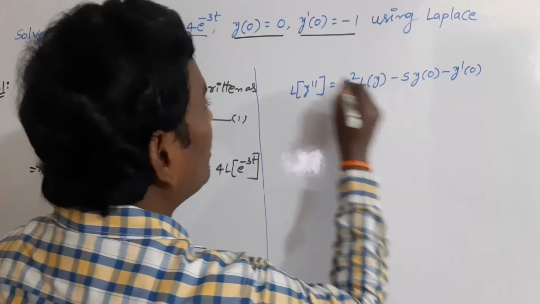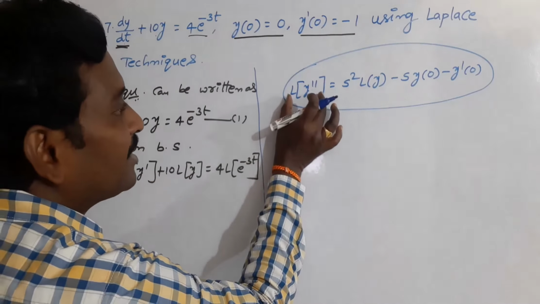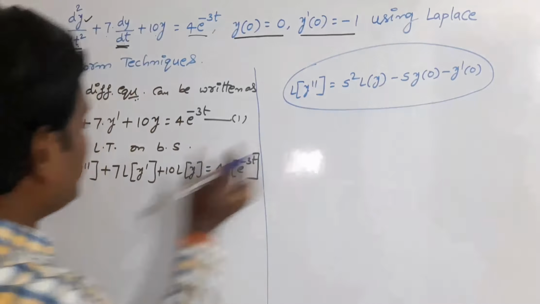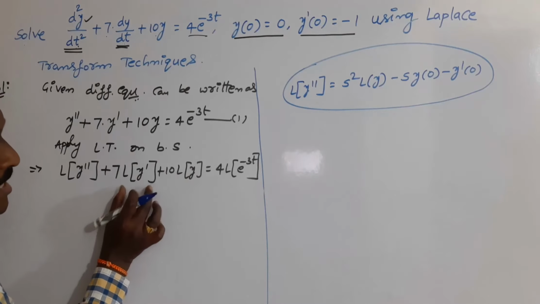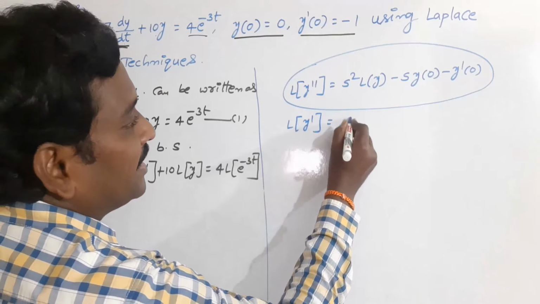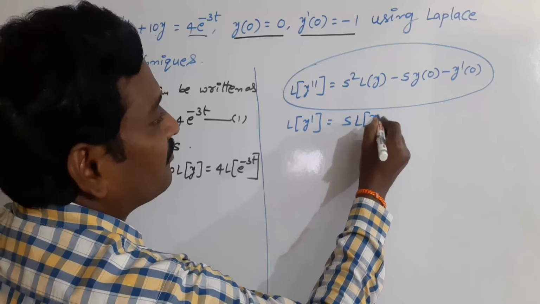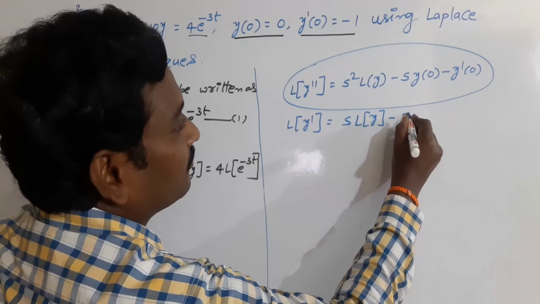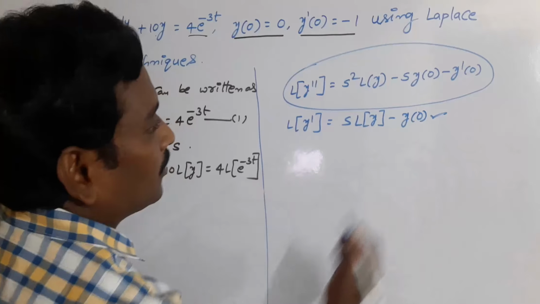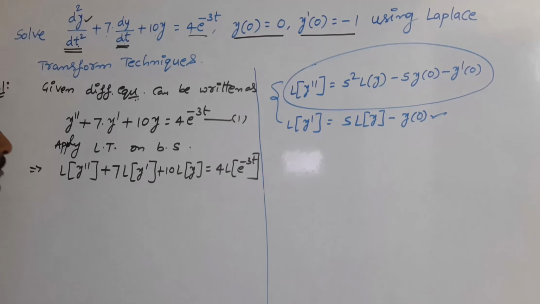Now we have to replace L of y double dash by this formula here. And what about the second part, L of y dash? The formula for L of y dash is s into L of y minus y of 0. Don't forget, these both are very important here.